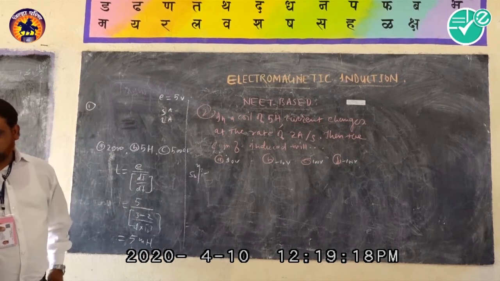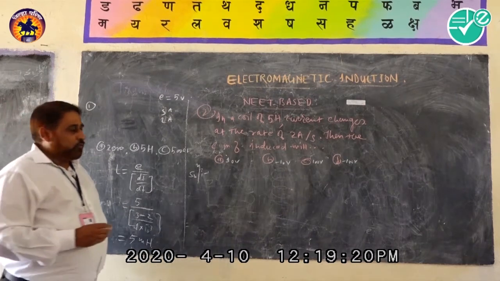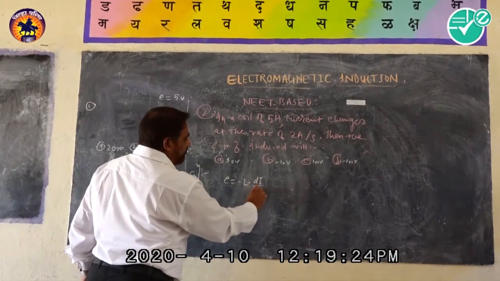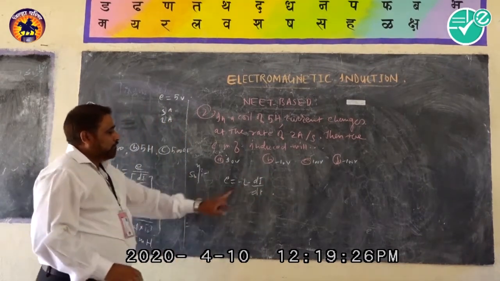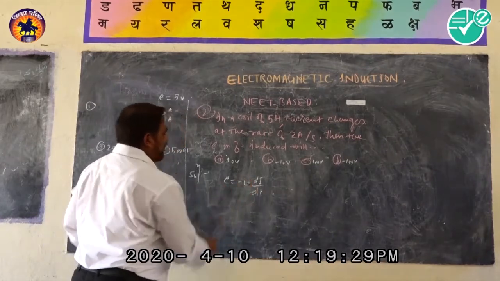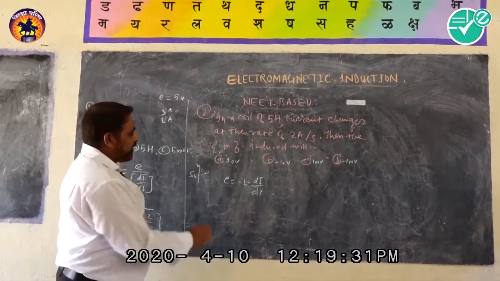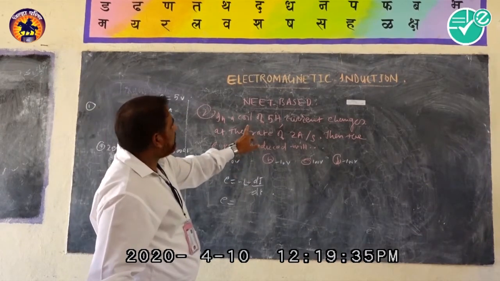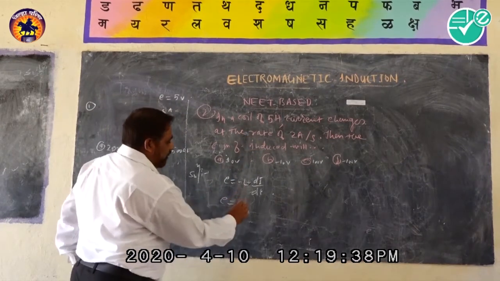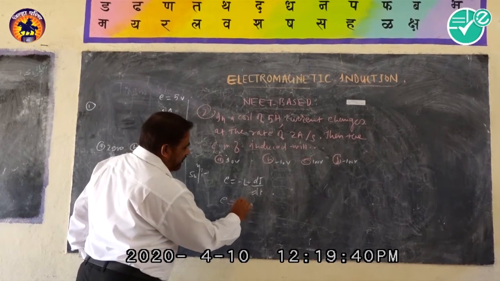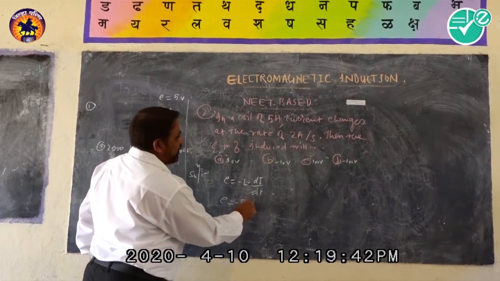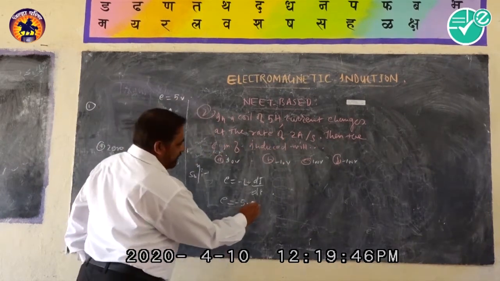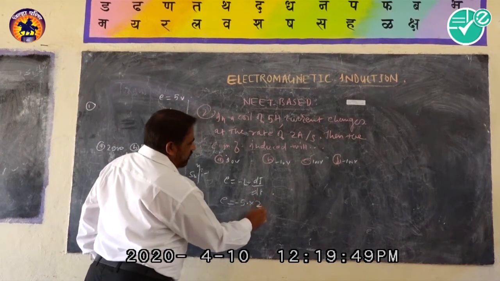E is equal to d phi by dt. So E is equal to minus L into di by dt. We are interested to calculate EMF, hence E is equal to minus 5, since the inductance is 5, into the rate of change of current, 2 ampere per second.